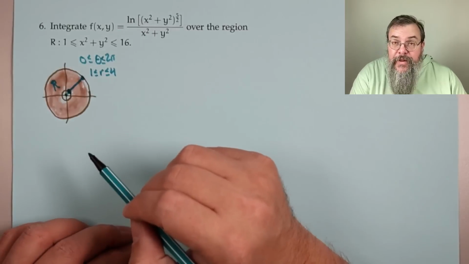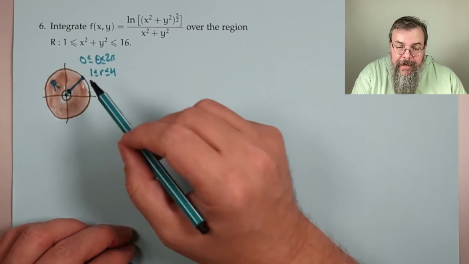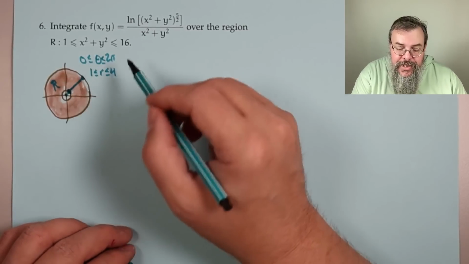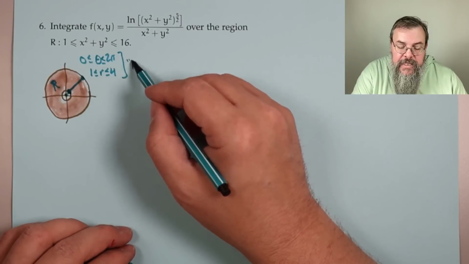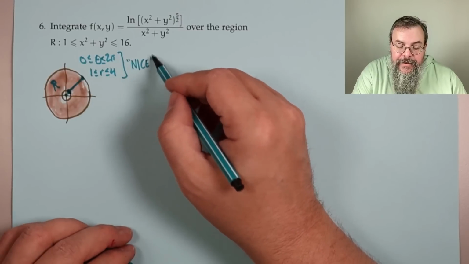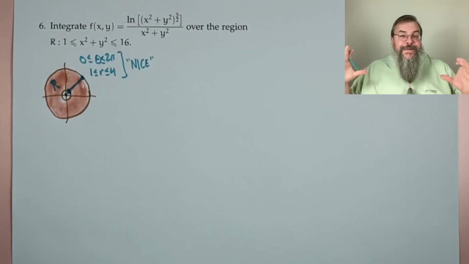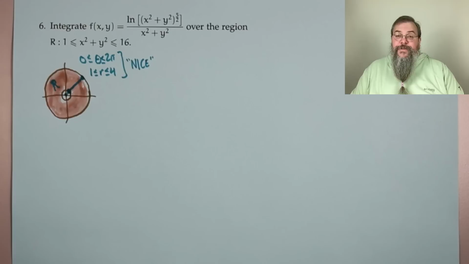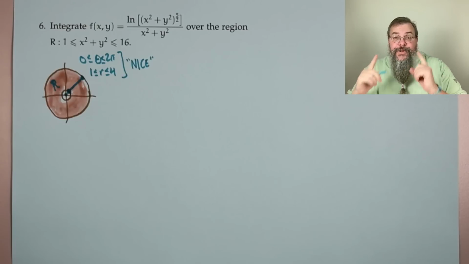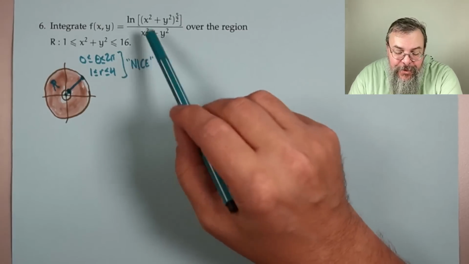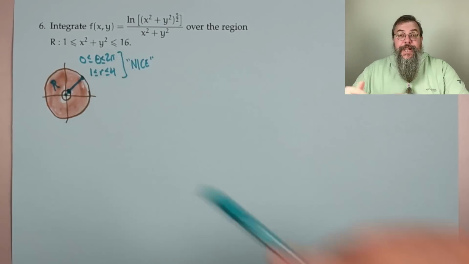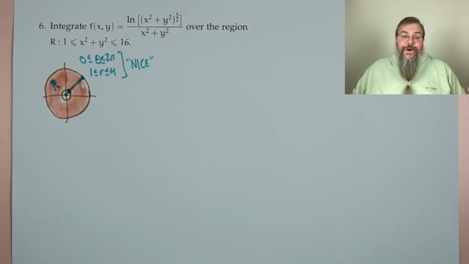Now, in terms of describing the region, there's a technical term for this in math. We call this nice, which means numbers. We love it when there's simple numbers to describe our region. So, okay, that's clue number 1. What's clue number 2? Look at your function. What do you see? Lots and lots of x squared plus y squareds.